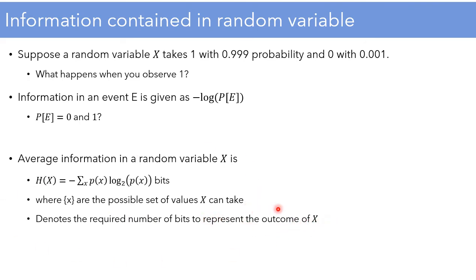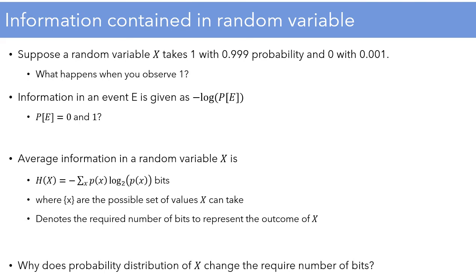So that is why we say that bits are not just one way to represent x, but the fundamental way to represent information, because you can measure the amount of information by the number of bits. So if k bits are required to represent random variable x, the information in that random variable is equal to k bits.